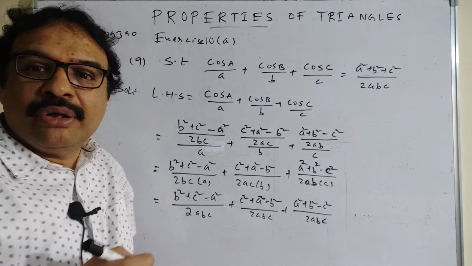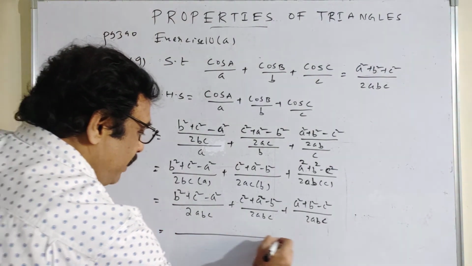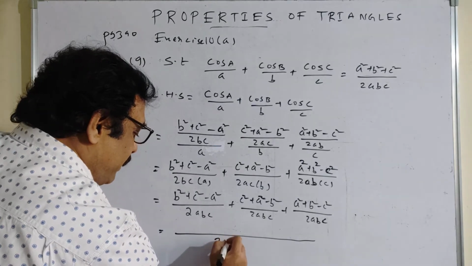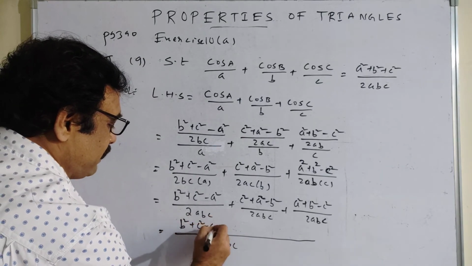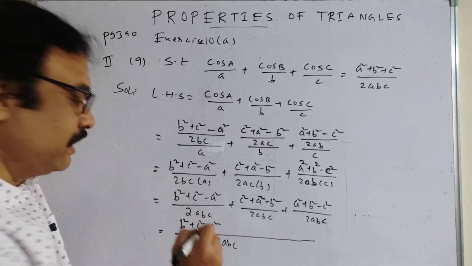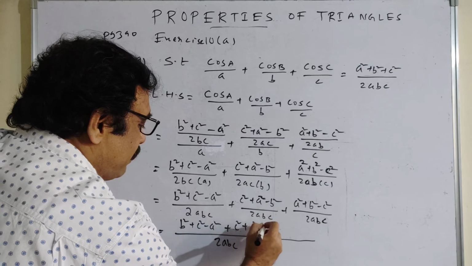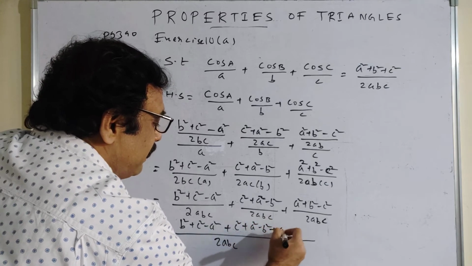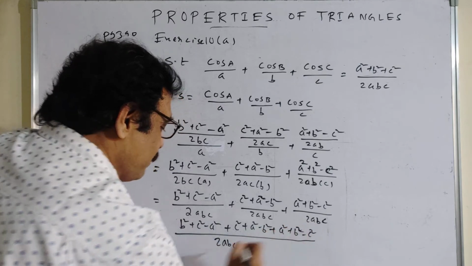Right? Now the next step will be I'll be taking 2abc as LCM. So I'll be getting b square plus c square minus a square, and this is c square plus a square minus b square, and this is a square plus b square minus c square.